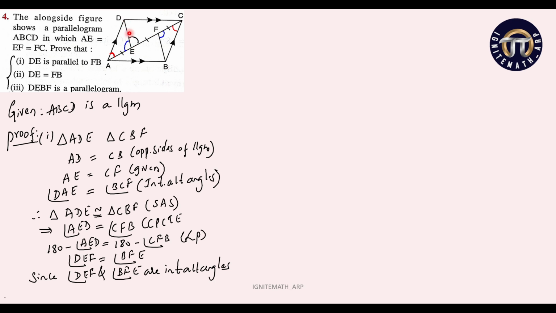FB is parallel to DE. So this acts like an interior alternate transversal. Therefore, this angle is equal to this angle.